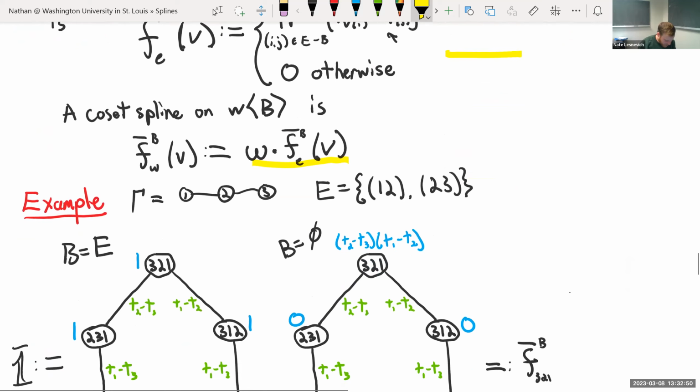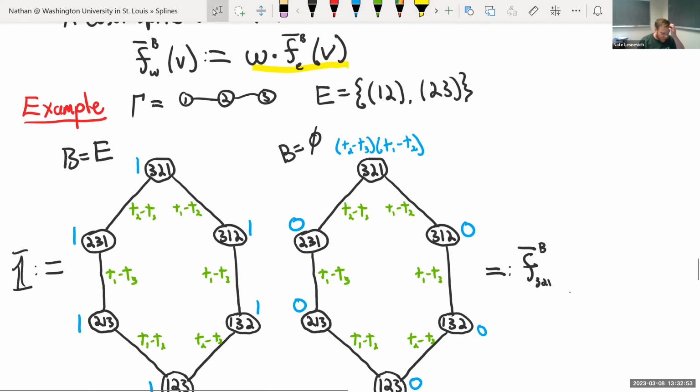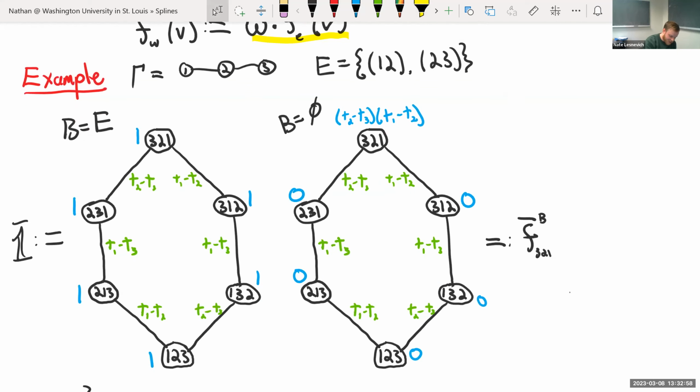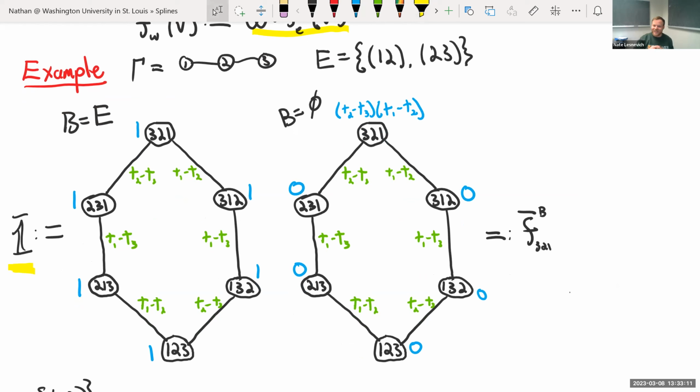spline. For an example, I'll walk through most of the coset splines for the path. So the identity spline, which I've written here as blackboard 1 bar. I'm assuming here that the empty product is 1. So B is equal to E, so E minus B is empty.